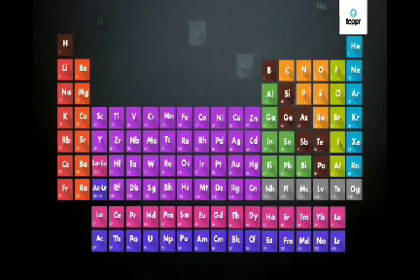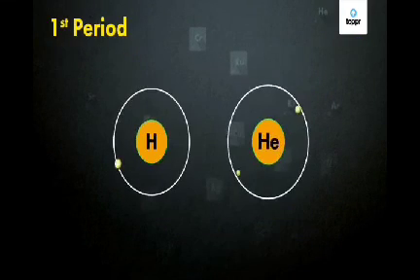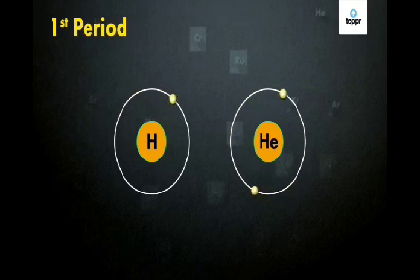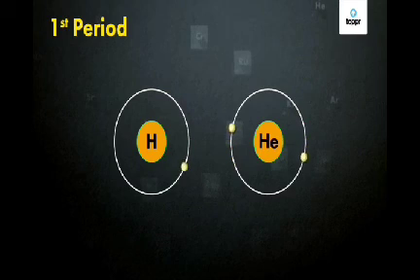In the first period, only 2 elements exist, hydrogen and helium. This is because the first shell can accommodate a maximum of only 2 electrons. In both these elements, only the first shell is occupied by electrons.